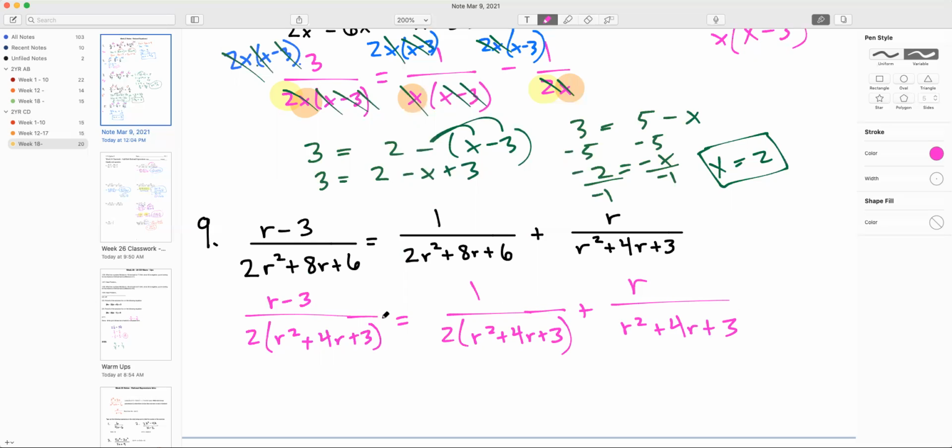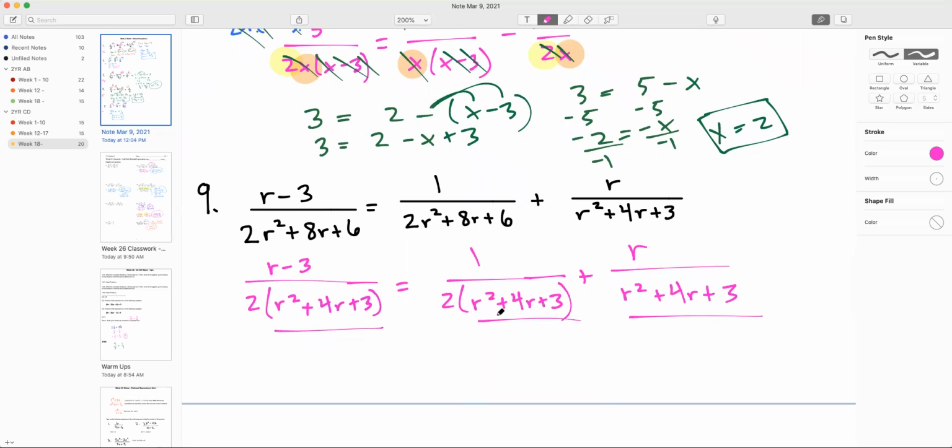Now, the thing you need to see here is the unique factors on the denominator. So we have this as a factor, the r squared plus 4r plus 3, in each denominator. So the only factor that we need to add would be that 2 to have all of the unique factors in the denominator. So we're really just going to multiply each top here by this whole thing.